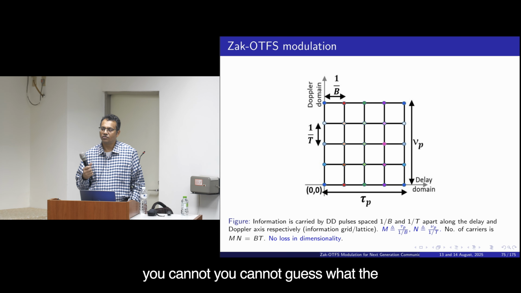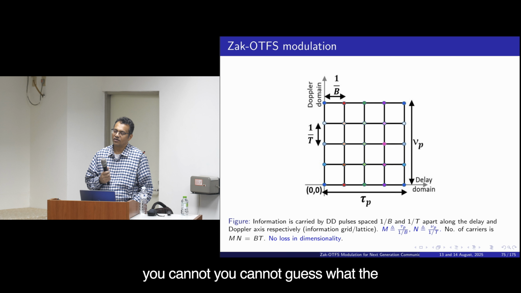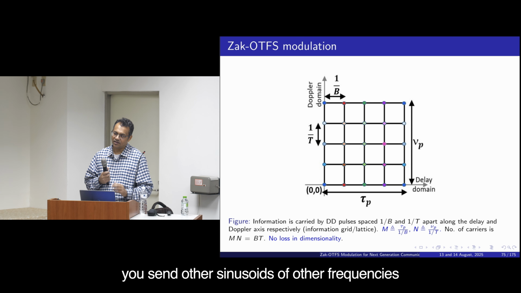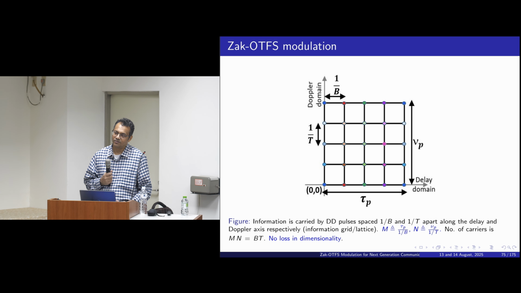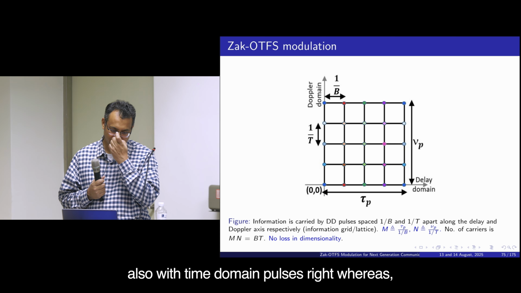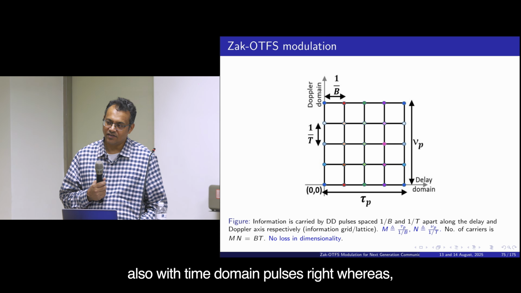From that response, you cannot guess what the response of the channel will be if you send other sinusoids of other frequencies. That's the problem with OFDM, and also with time domain pulses, right?